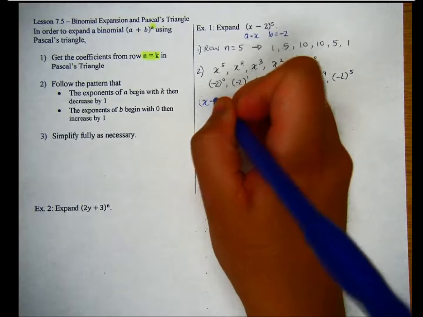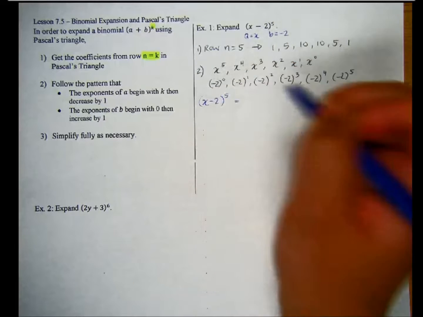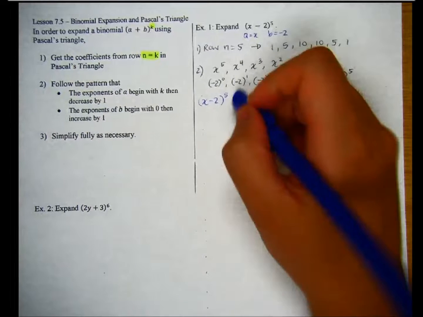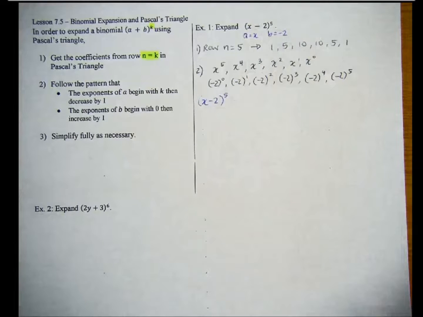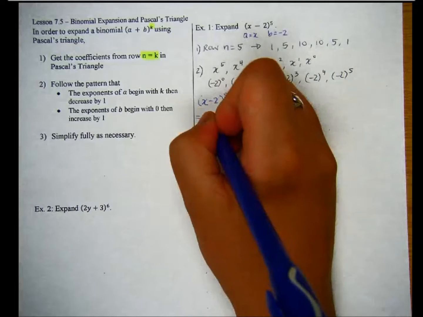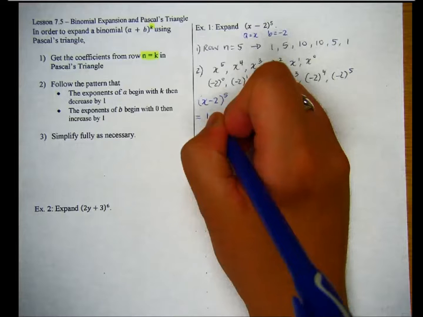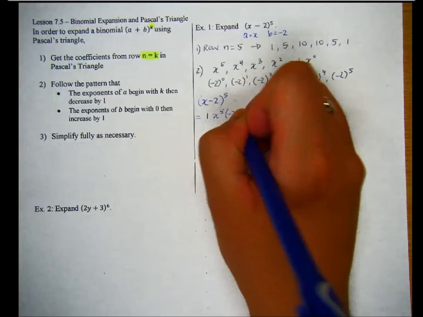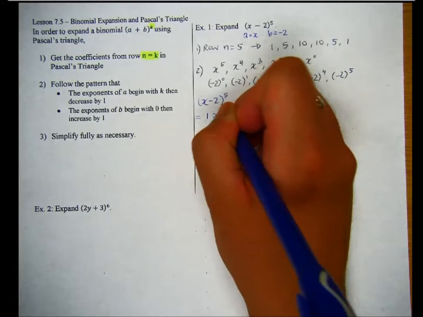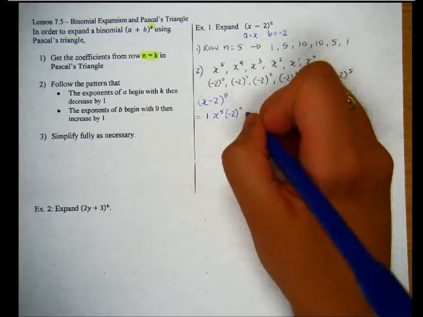So x minus 2 to the exponent 5, this is going to be, actually, let me write it on the next row. My first coefficient is 1, x to the 5, negative 2 to the 0. You don't have to write that down if you don't want to, but I'm just going to put in everything.